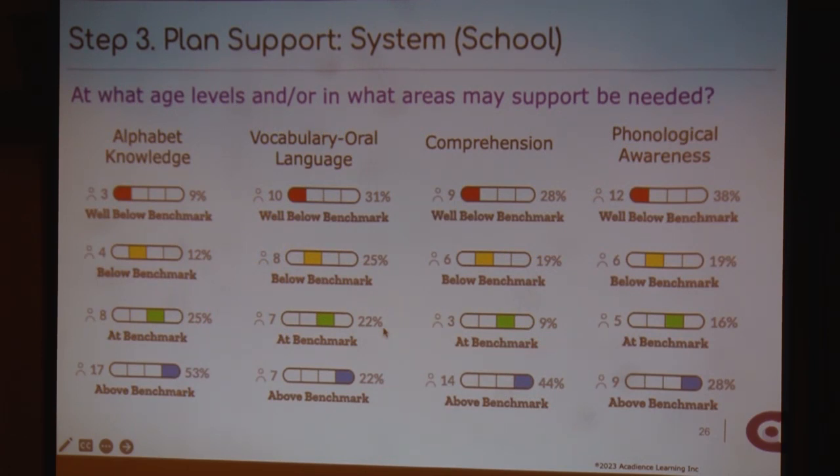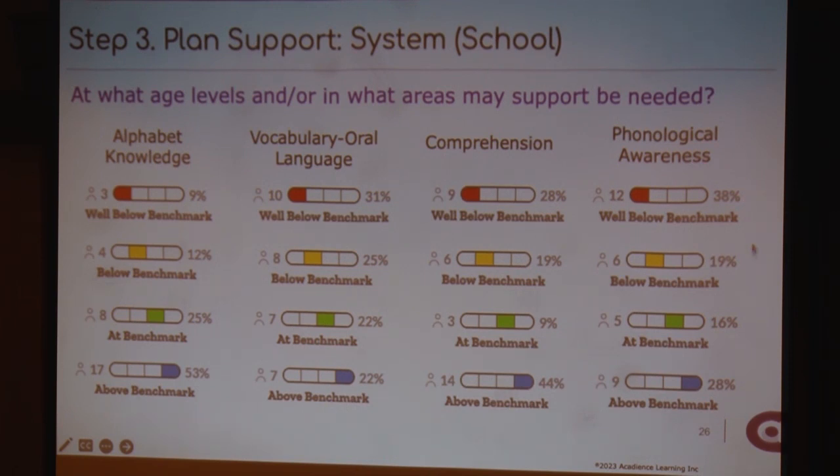And I didn't print out all the half donuts, but we can look at each one of those areas: alphabet knowledge, vocabulary, oral language, comprehension, phonological awareness. Each one of them will have a half donut that you can look at at your systems level. And as you look across here, which skill area do you have the largest number of kids who may need support?